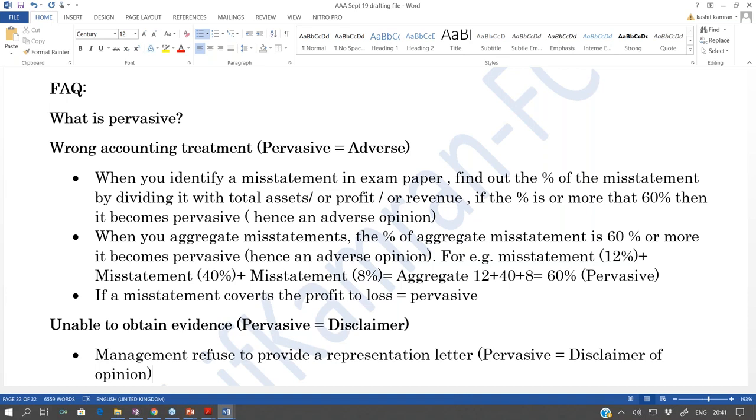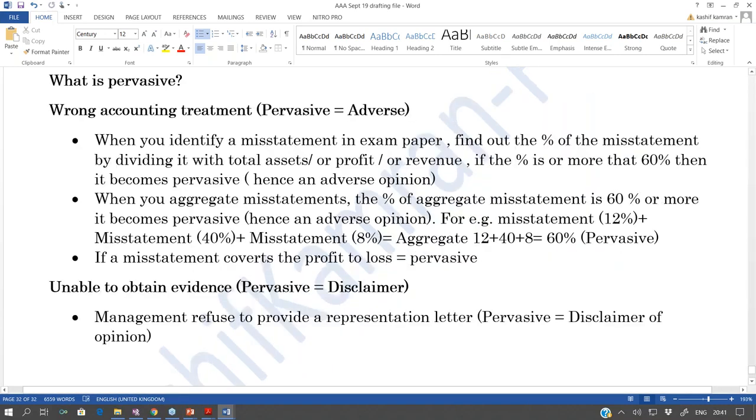So if the management refused to provide a representation letter, that's the only situation under unable to obtain evidence that you give a disclaimer. But apart from that, for example, there is a computer virus attack and you could not gather information on receivables, right? There was a snowfall, severe weather conditions, and you could not visit the inventory warehouse.